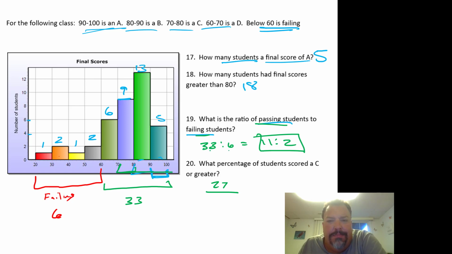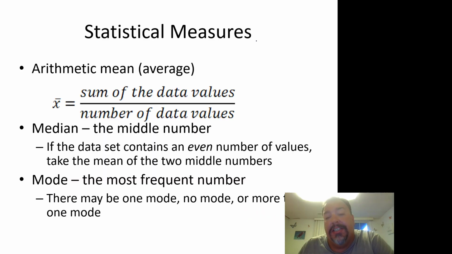Well, we can just add these two numbers together because this was the passing students, this was the failing students. So total, we had 39 students. And if we make that into a fraction, 27 divided by 39 comes out to a decimal of 0.6923, which is 69%.